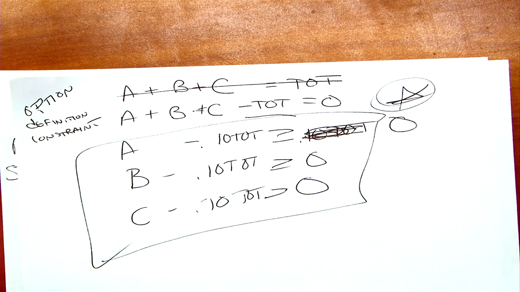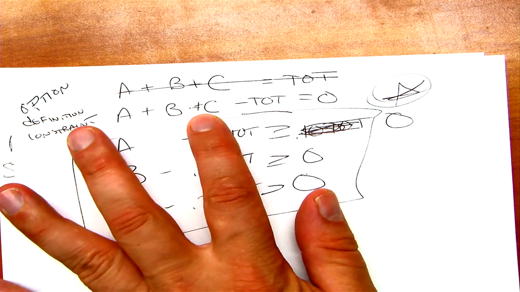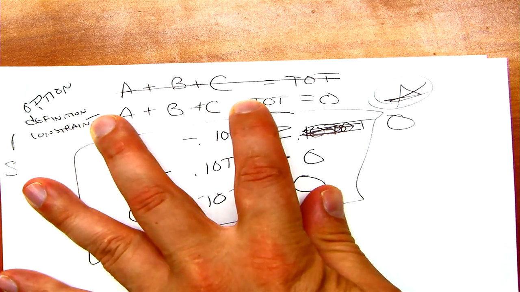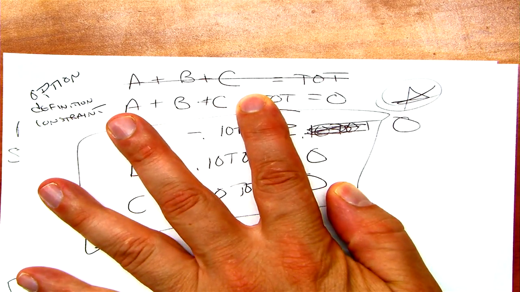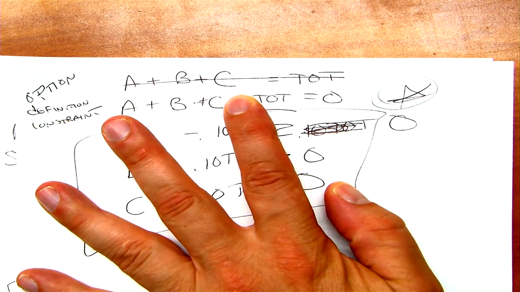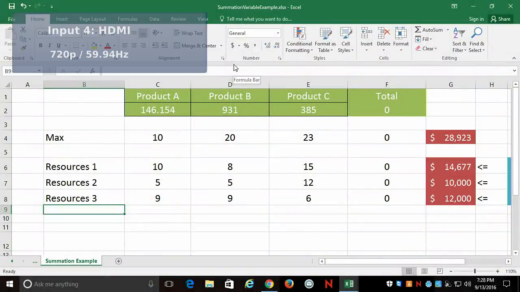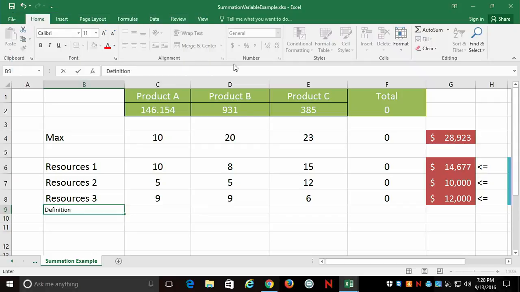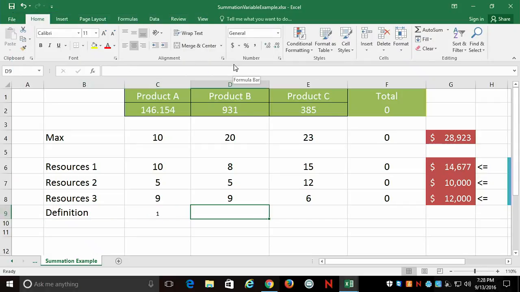And it looks like we need to say 1A plus 1B plus 1C minus 1 total equals 0. That's how we define it. So let's show that in Excel. I'm going to say definition: 1A, 1B, 1C minus 1 total.